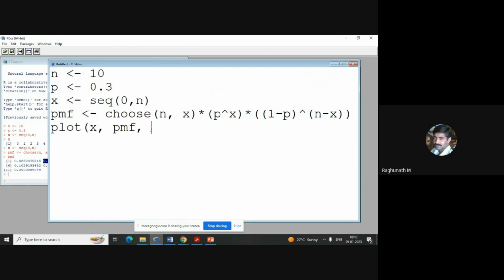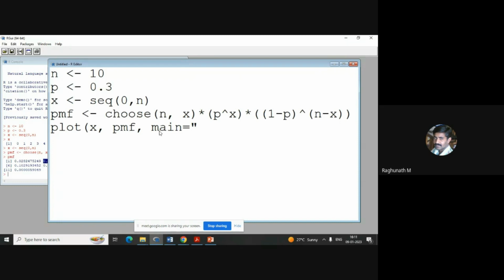Moreover, whenever we want to mention the title for that graph and what type of chart we require, we have to mention the remaining things after this PMF. There is a command called main, which gives the title for the plot.